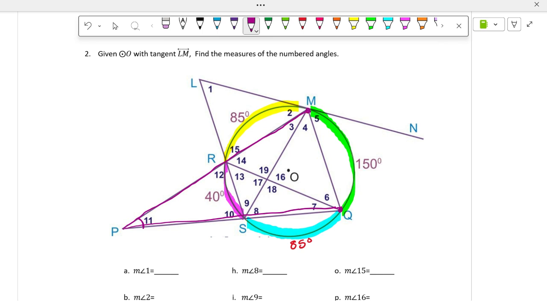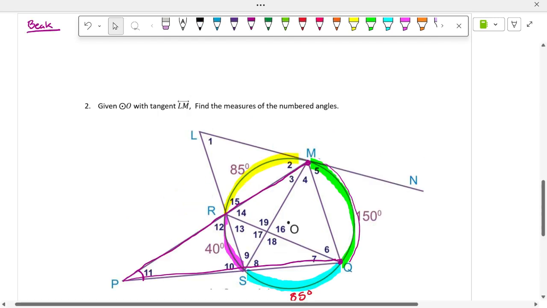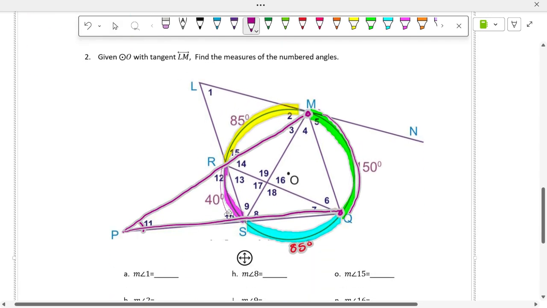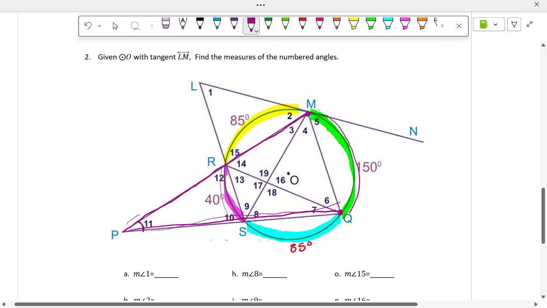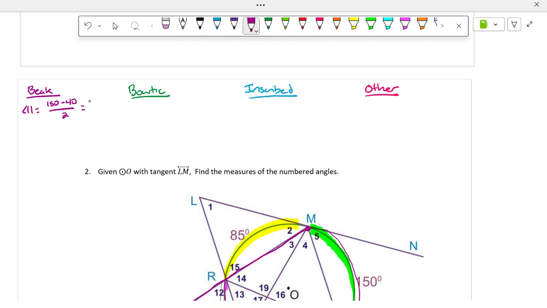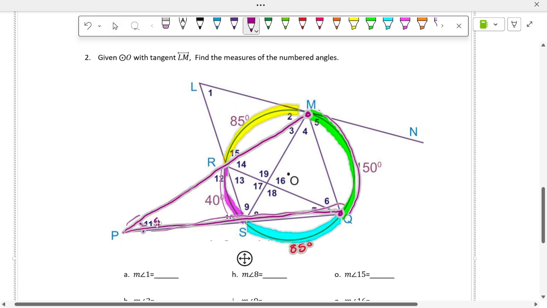The top of the ice cream right here is 150. What's the bottom of the ice cream? Nope, 40. So it's all within this cone. All right. So angle 11, you'll do 150 minus 40 over 2. That is 110 over 2, or 55. So this is 55 degrees.